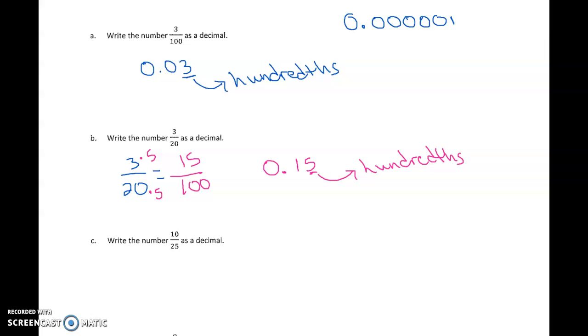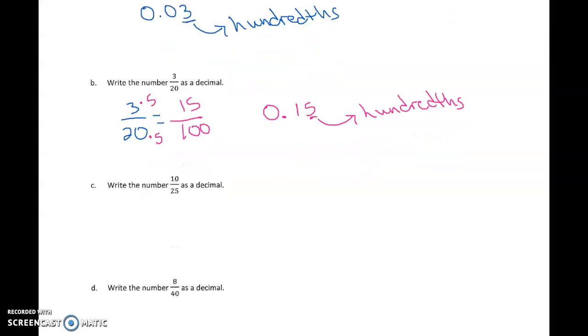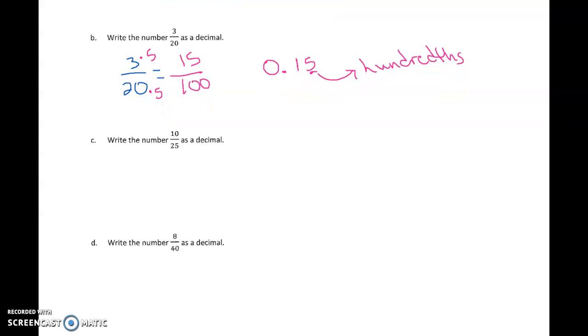So now we're taking these fractions and rewriting them as equivalent fractions to help us get to decimal form. Same thing here. If we have 10/25ths, that doesn't do us any good. I can't put it as a decimal. But if I can write it out of 10 or 100 or 1,000, does 25 go into any of those? Well, it goes into 100. What do I do to 25 to get 100? I multiply it by 4. So I'm going to multiply the 10 by 4, and this becomes 40/100ths.